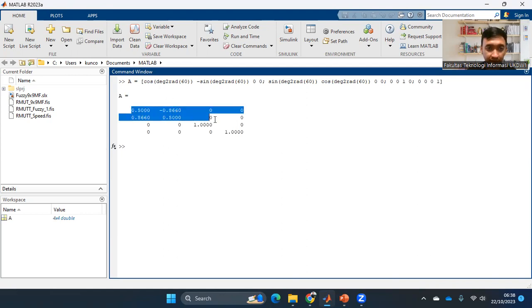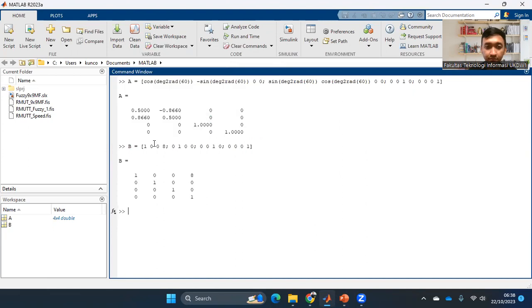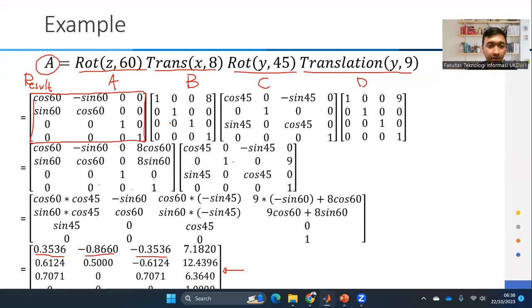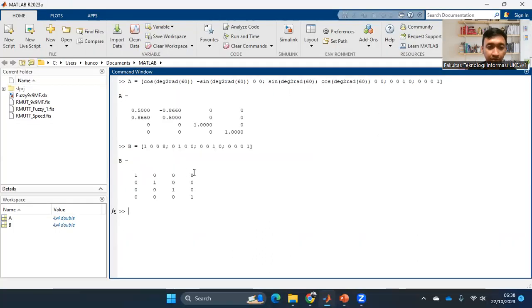So the matrix transformation is like this for A, and for B, it is like this: 1 0 0 8; 0 1 0 0; 0 0 1 0.